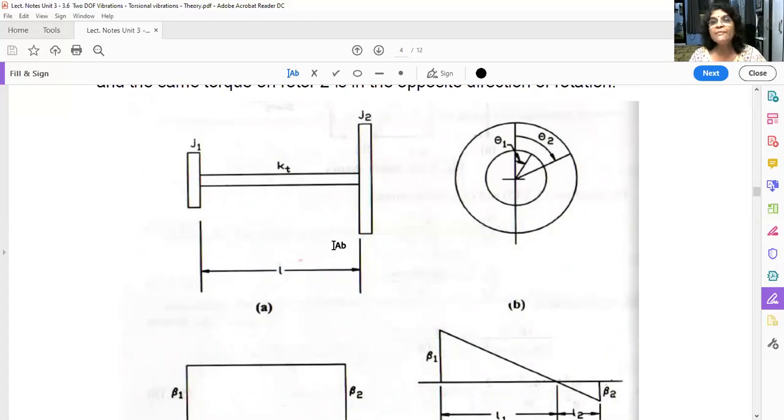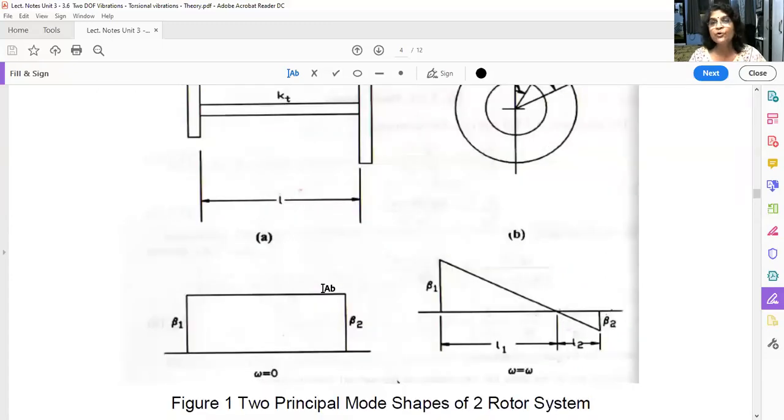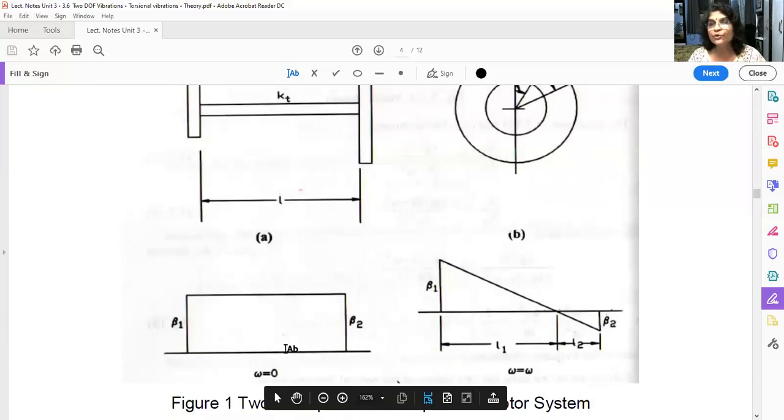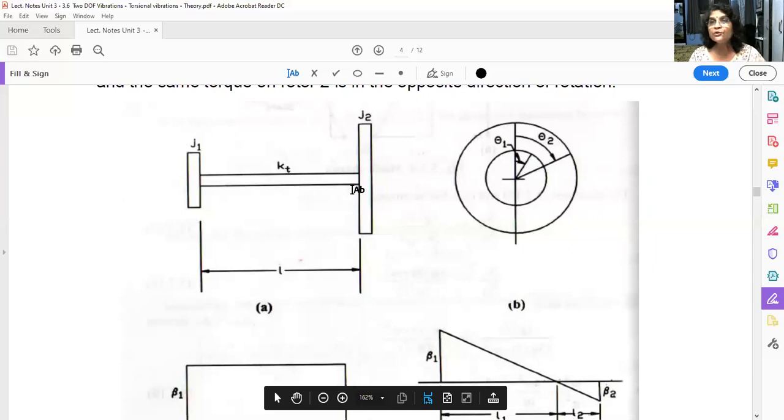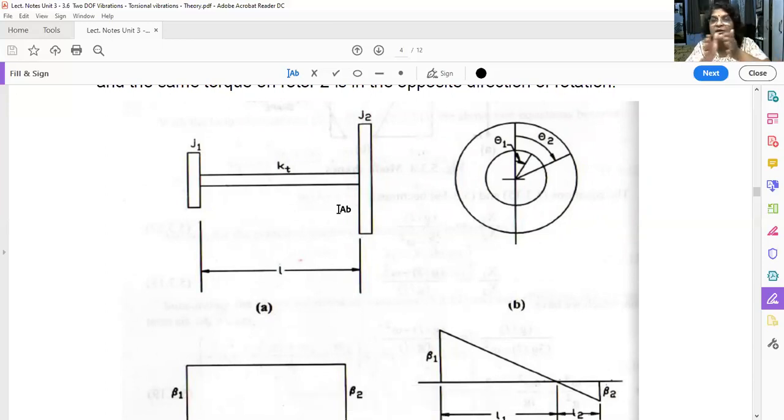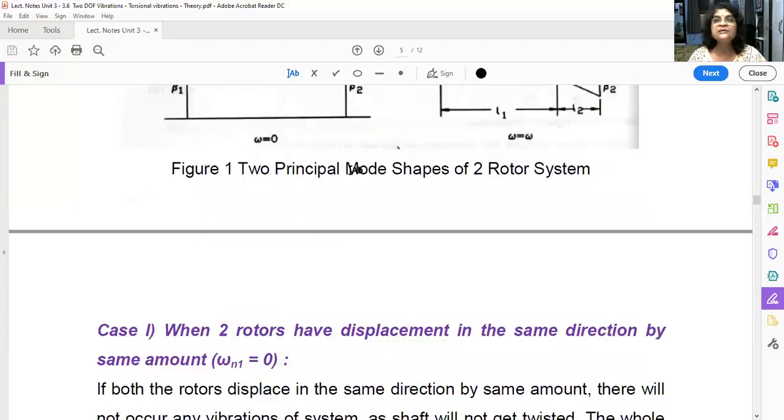There will be no vibrations. So omega n1 will be 0. The first natural frequency will be 0, because both the rotors just move as a whole system by 5 degrees and the shaft doesn't get twisted. If vibrations are to occur, your shaft must get twisted, but it doesn't get twisted here because both the rotors have the same displacement in the same direction. So this is the first mode shape.